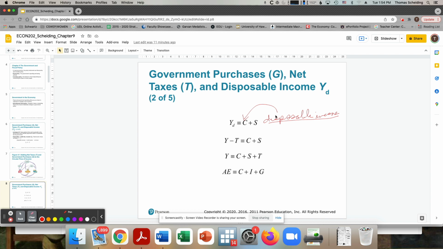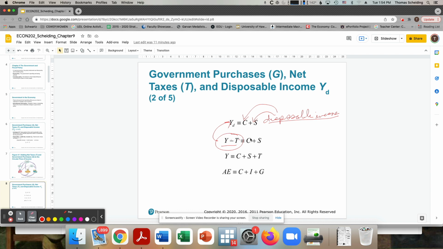We either use it to spend it on, so consumption, or we save it. Okay, so how do we get disposable income? Disposable income has this equation. So disposable income is determined by total income minus taxes.